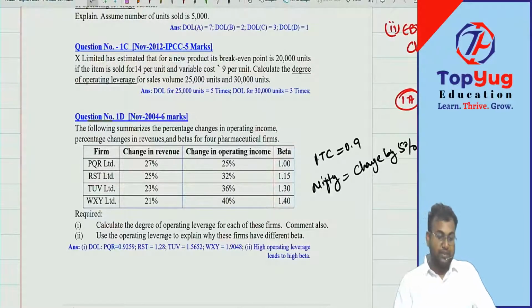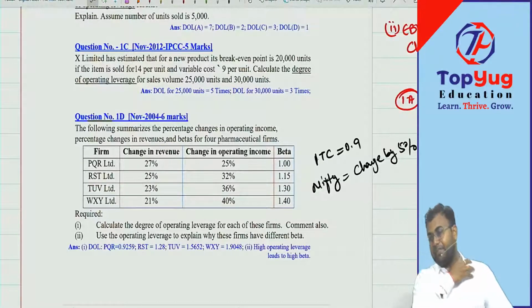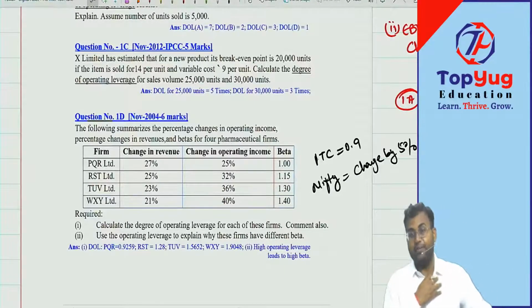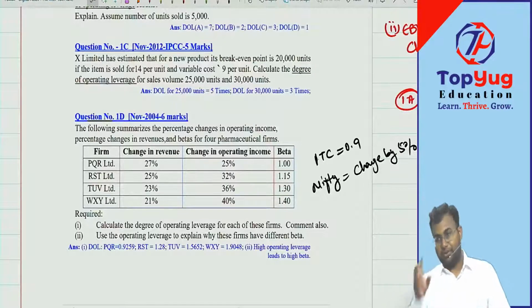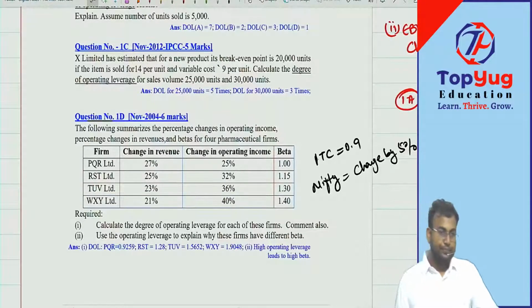Percentage change in operating income is 25, 32, 36, 40. These numbers are okay because with these we can easily find out DOL. Percentage change in operating income, that is percentage change in EBIT, is the numerator, divided by percentage change in sales, that is percentage change in contribution, which is the denominator. So simply your DOL would be 25% divided by 27%. Are we all good?